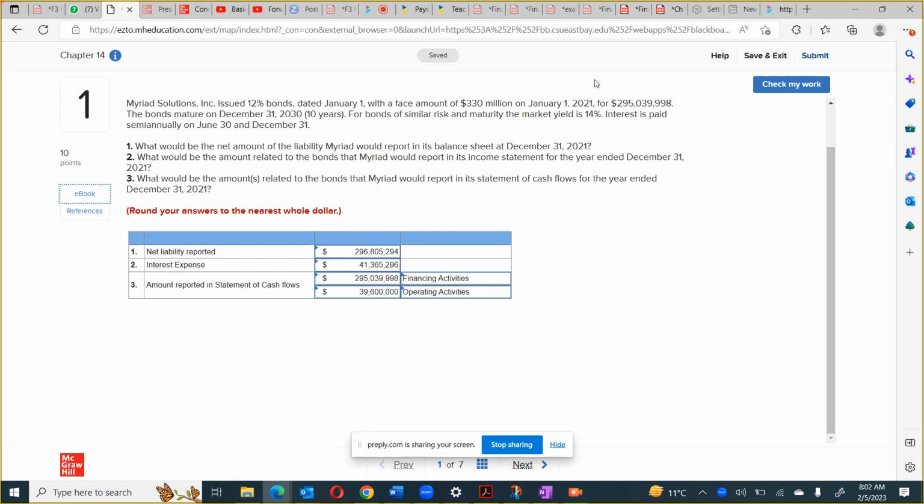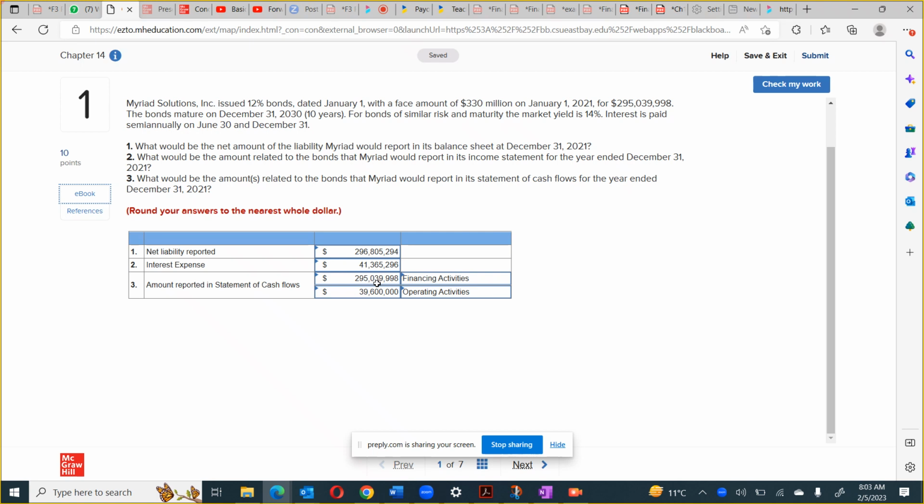For example, in our example, the interest is paid every 6 months, on 30th June and 31st December. So every 6 months the issuer pays interest. That's why there are two types of cash involved. One is interest, which is cash interest. Another is the present value of the future amount of the face value. So that is the financing activities.